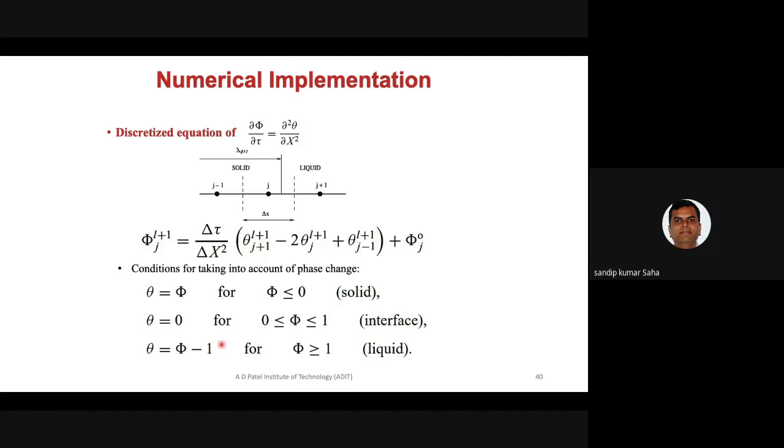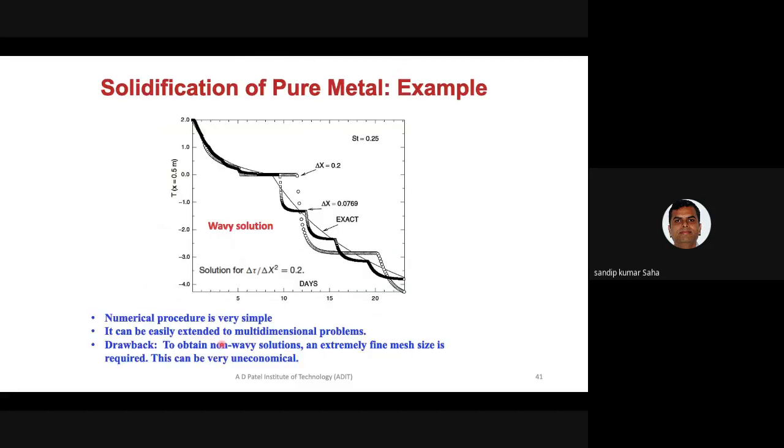Now if I employ this method and try to calculate the same thing for that Stefan equation, what I will get is this type of wavy profile. Now how to arrest this type of wavy profile? And another question is why this wavy profile is coming.